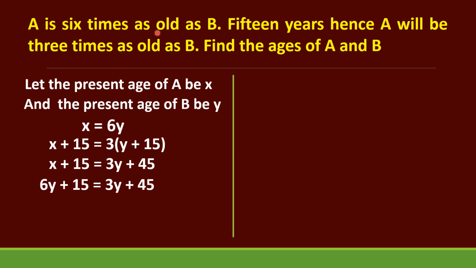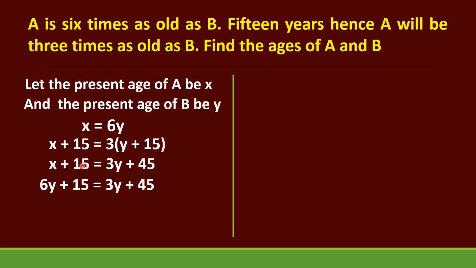This problem can be solved either by using the substitution method or the previous method that we have studied, that is the elimination method. We can take this 6y to this side, so x minus 6y is equal to 0. That will be the first equation. The second equation we get from x plus 15 is equal to 3y plus 45.